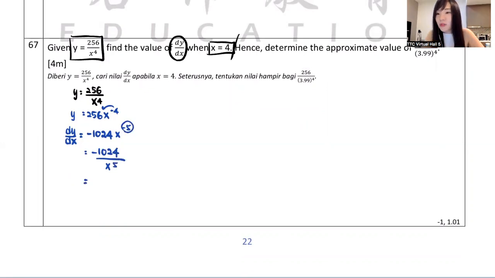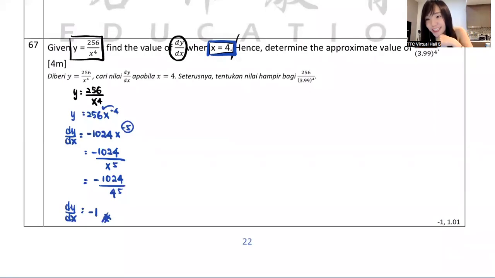Will you stop like that? No. I realize they purposely tell me x is 4, must be for a reason, for you to sub inside. So isn't it negative 1024 over 4 power 5? Negative 1024 divided by that. Do you get negative 1 for your dy/dx? Done. So far, I think you all understand it, okay?